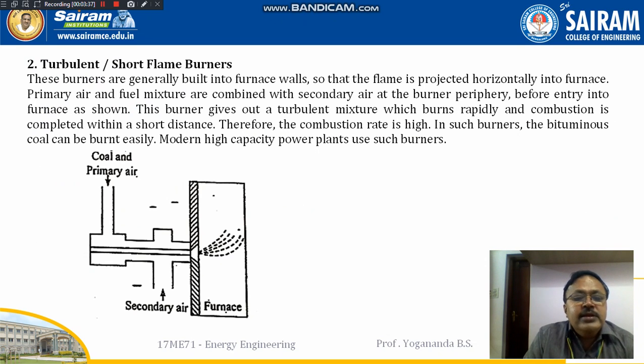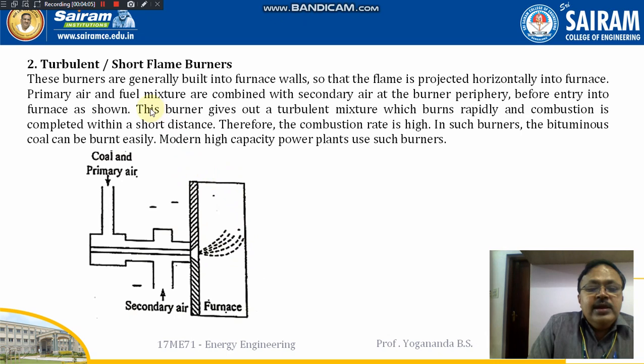Then turbulent short flame burners. Compared to the long flame burner, the turbulence created here is very high, because the burner is fitted to the wall in such a way that the flame is projected horizontally into the furnace. Here the space is very small, so the turbulence is more.